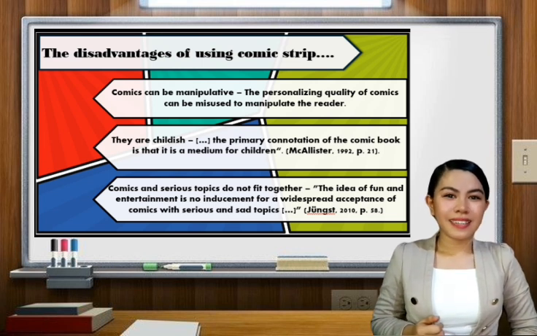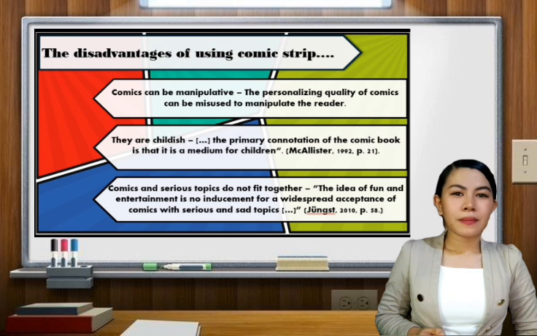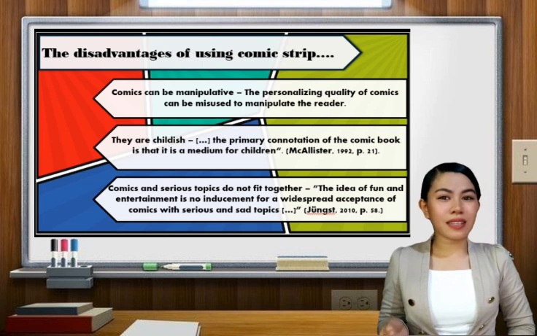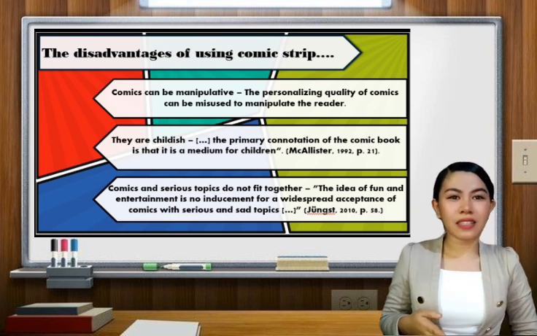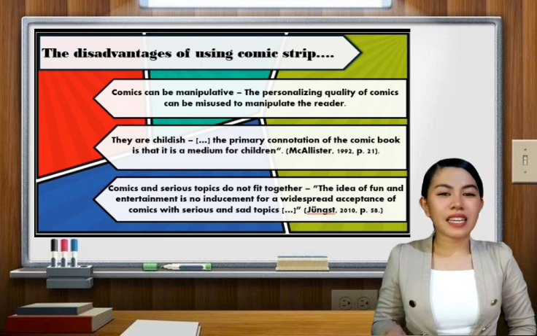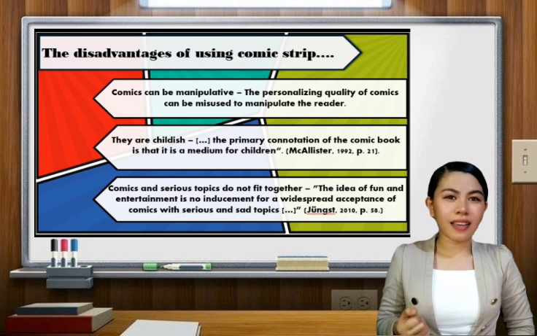So, that's the statement of McAllister that using a comic strip is a childish way. So that's contradicting to one of the advantages of a comic strip that I have discussed a while ago, that comic strip is an effective way of assessing the children.